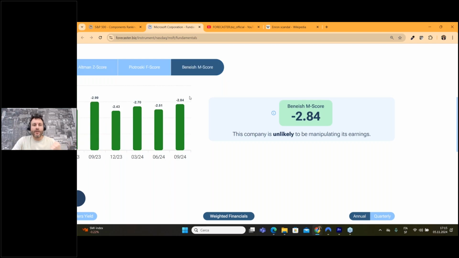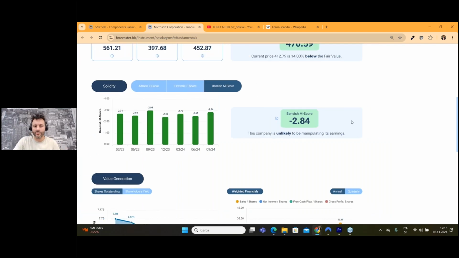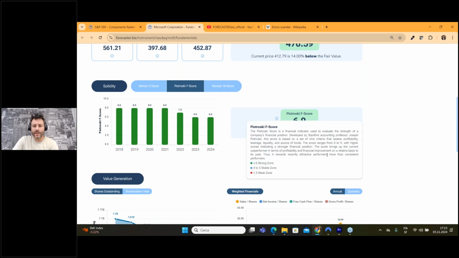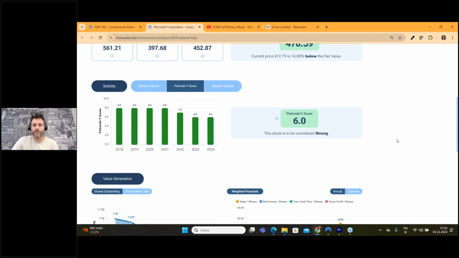We talked before about the Beneish score. In this case, we can find that Microsoft is not rigging its financial results. And we also have the Piotroski score, which is a very nice ratio that tells us if the company is strong or weak. In the case of Microsoft, we can definitely say that the company is strong.